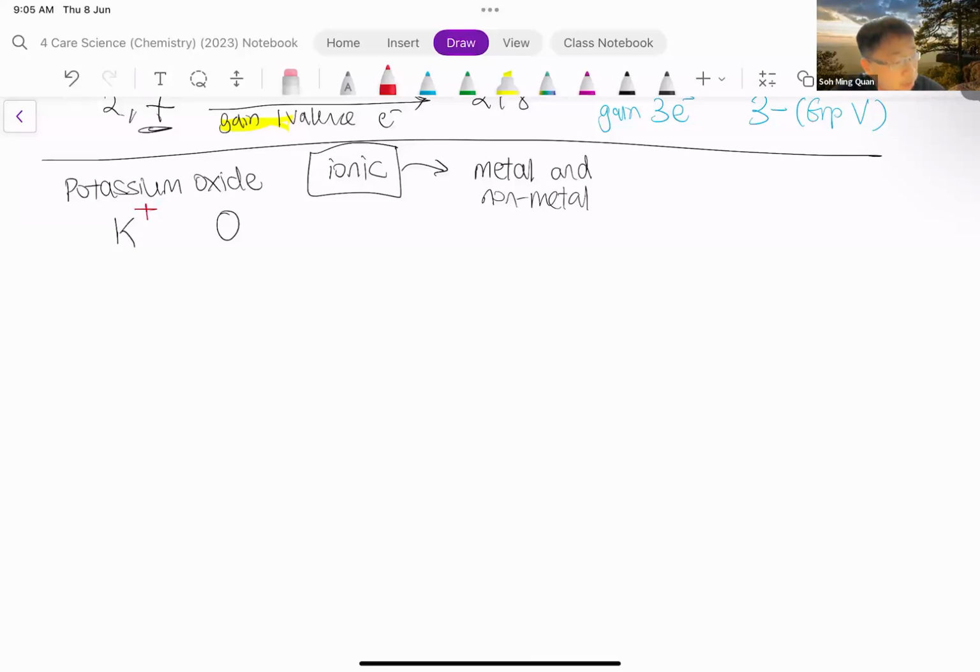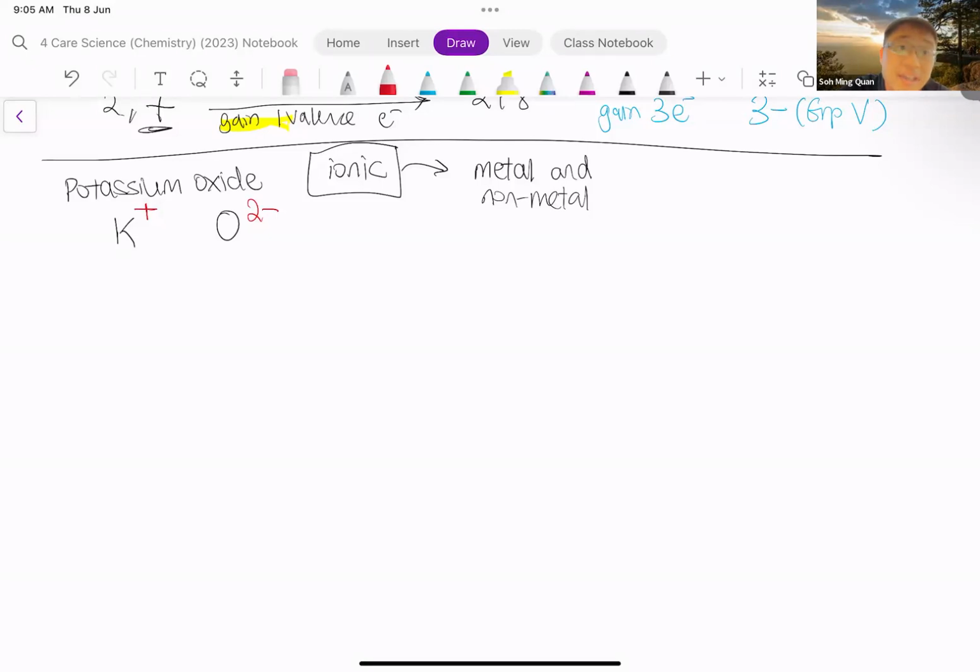If you were to think in terms of their charges, it is immediately clear why. Potassium forms K+. Oxygen forms oxide, which is O2-. The charges of the positive and negative ions are not balanced. In an ionic compound, or in any compound in general, the charges have to be balanced.